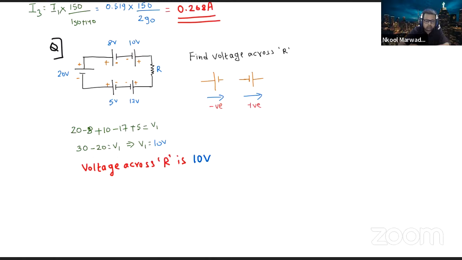One more question. And here this loop we have applied, it is the KVL. I can mention applying KVL. One more question we will do.